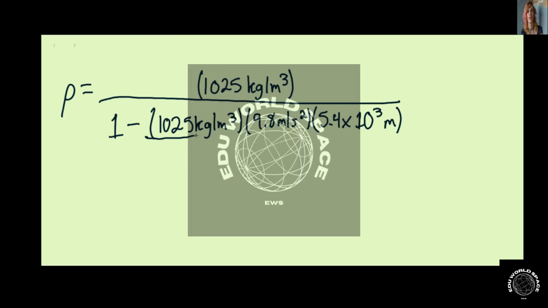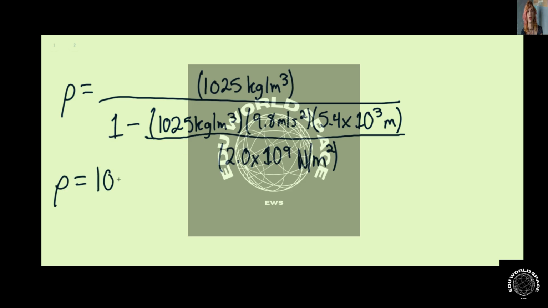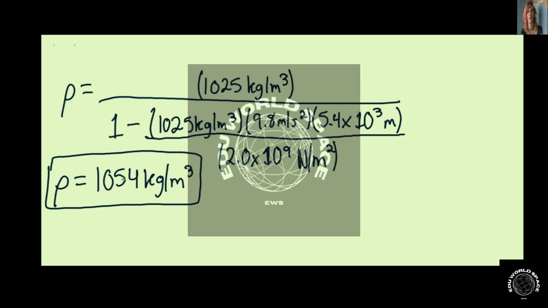And then this is all going to be divided by the bulk modulus of 2.0 times 10 to the ninth newtons per meter squared. And so the density is going to be equal to 1,054 kilograms per cubic meter. And again, this would be at 5.4 kilometers, or 5,400 meters.